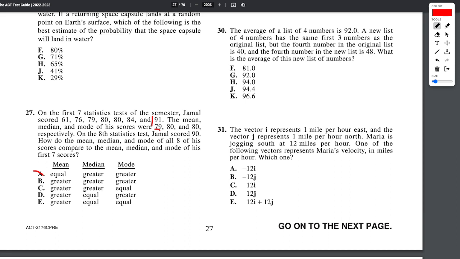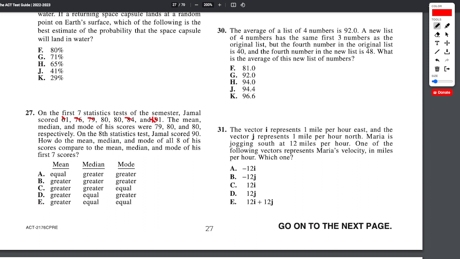The median, let's find that. Let's see. If we add the 90 here, then let's see what will happen. Or actually, I should have done that. A 90 here, we'll cancel that out with a 76 here.